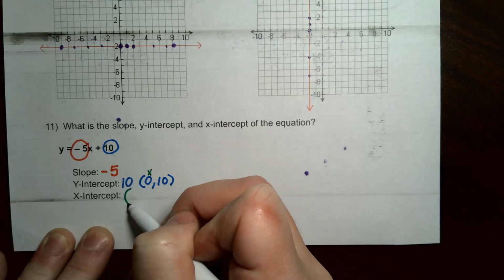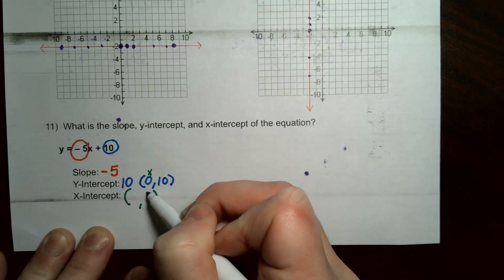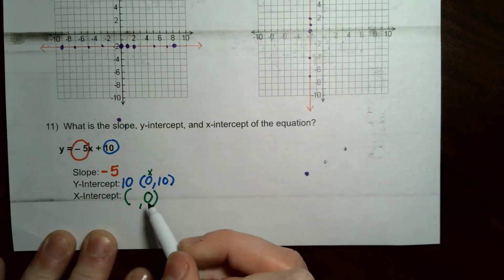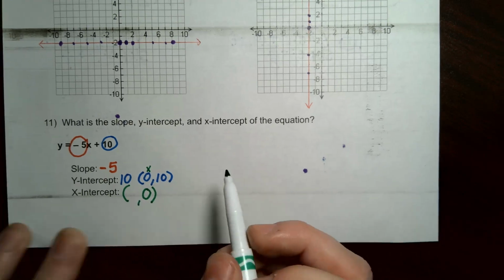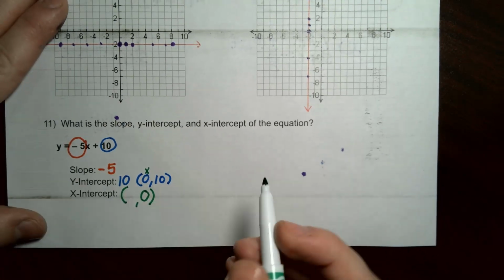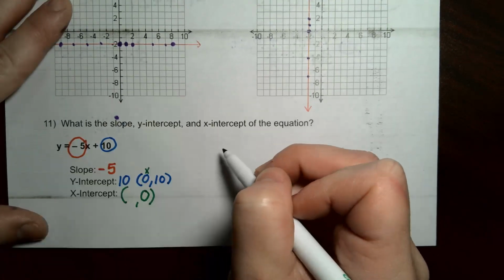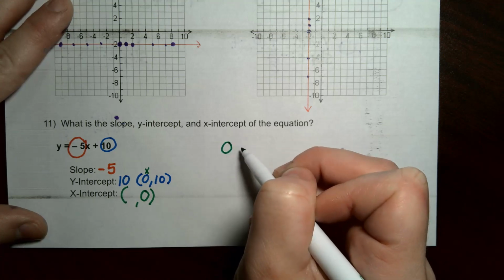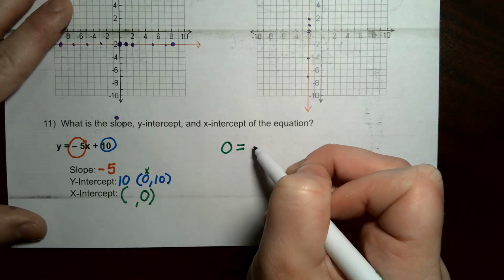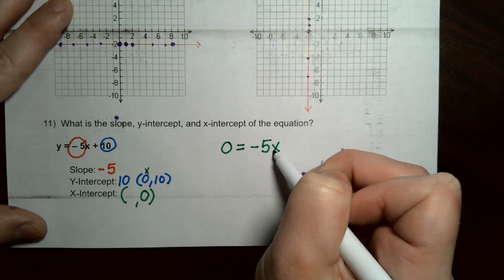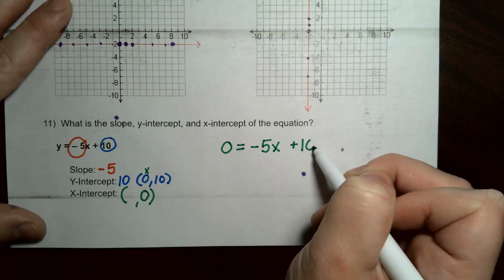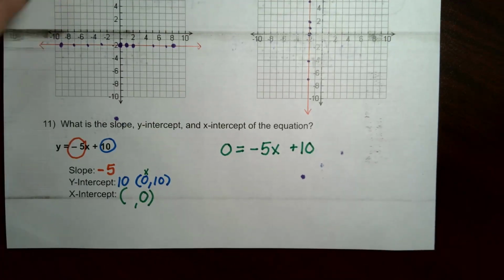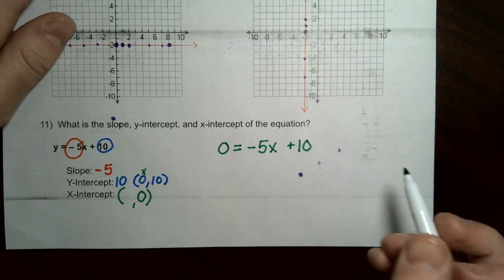In the x-intercept, the y is going to be 0. And we're just going to solve for x. So all I need to do here is write out to the side 0 for y equals -5x plus 10. And I'm just solving for x. So what do I do first here? Subtract 10.